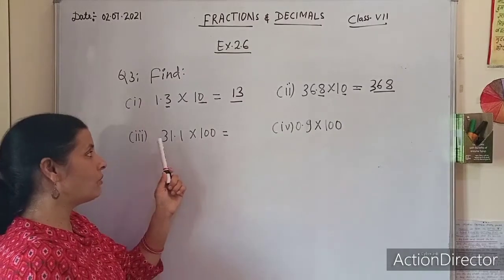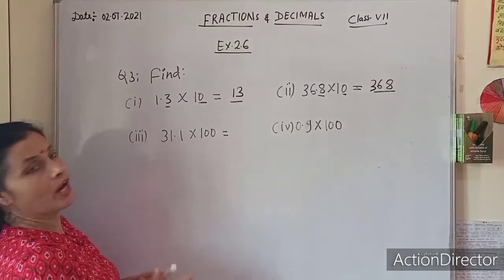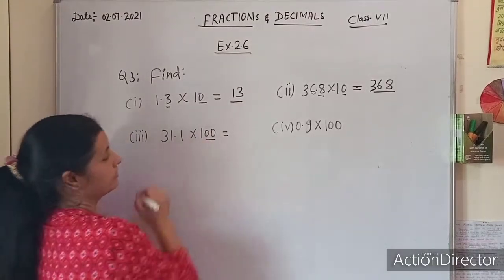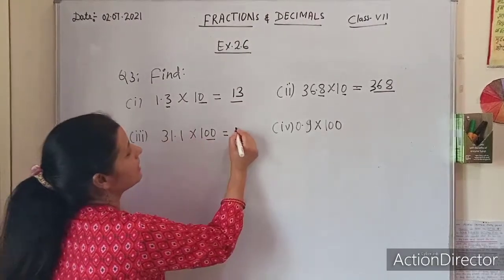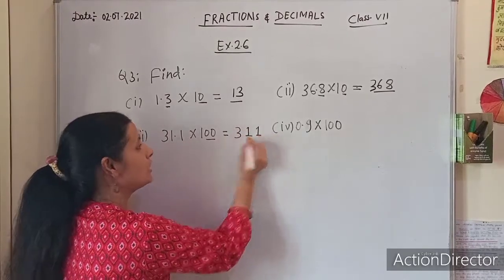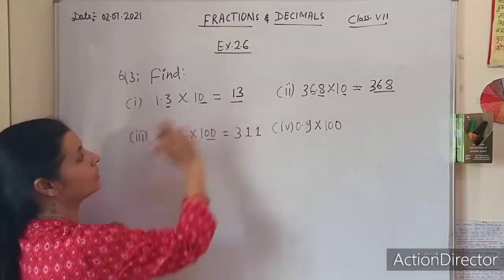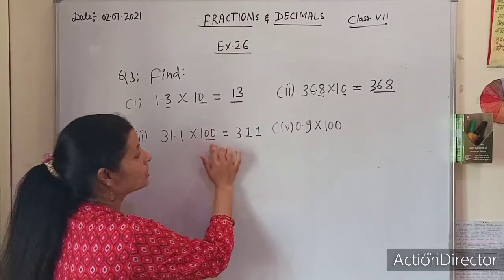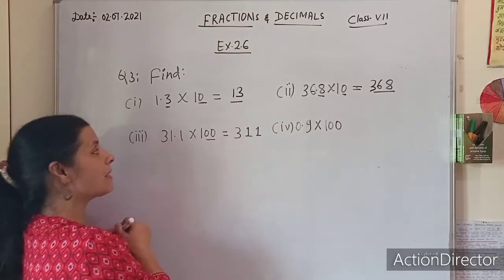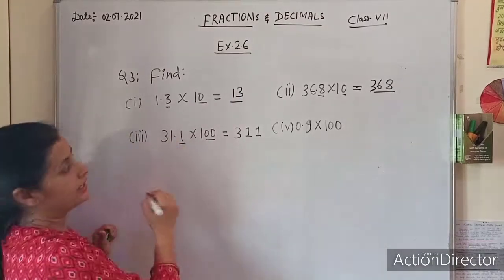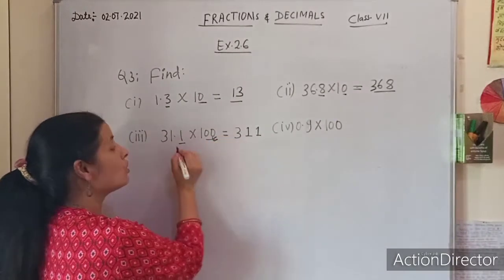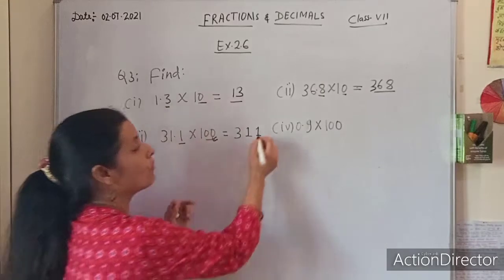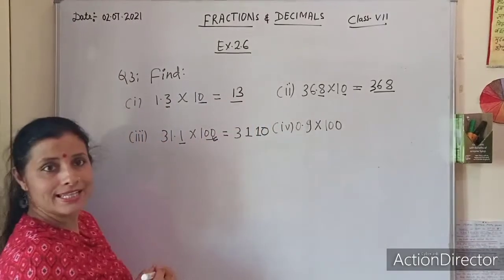Here is written 31.1 into 100. Now beta, be careful here. First you need to write down that number completely: 311. Then we will do the calculation of this decimal. You can see that 2 zeros are here, but there is only one digit after the decimal. So one 0 will remove this decimal, but we have another 0. That zero we will shift here on the right hand side.